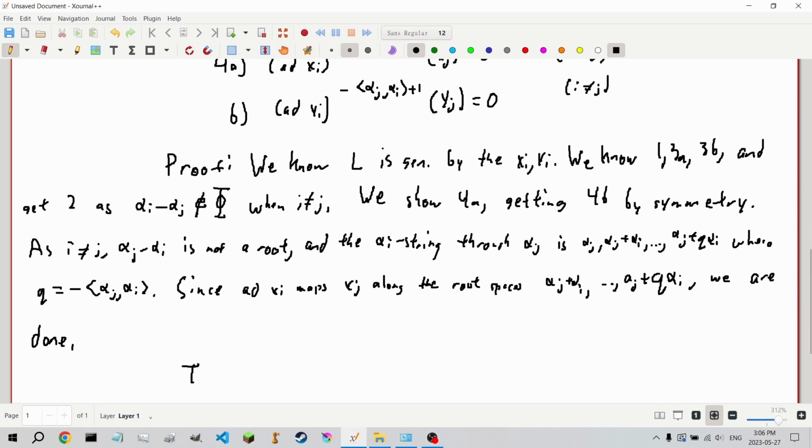Now these relations only rely on the root system, involve constants only, which come from our root system.